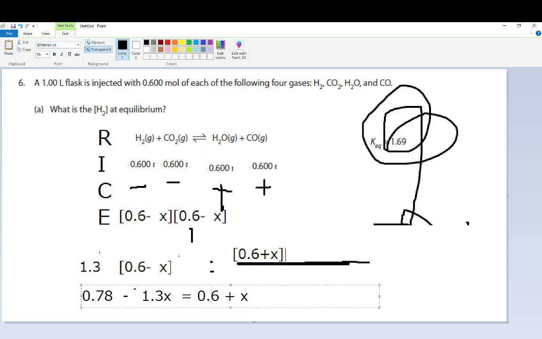I get all my x's on the same side by adding 1.3x to both sides. 1x plus 1.3x is 2.3x. And these disappear. Then I have to subtract 0.6 from both sides. And over here I get 0.18. And then I have to divide both sides by 2.3. So x is going to be equal to 0.18 divided by 2.3.